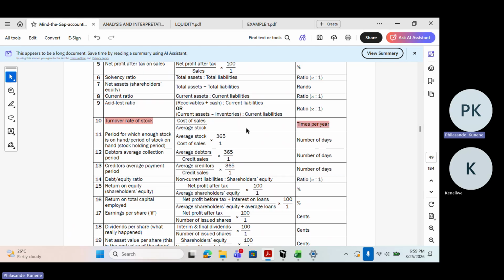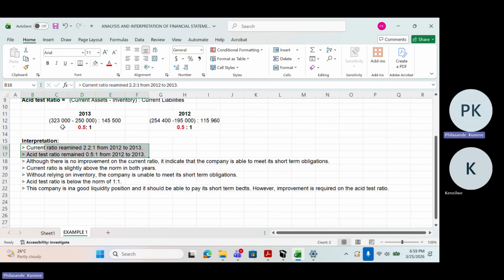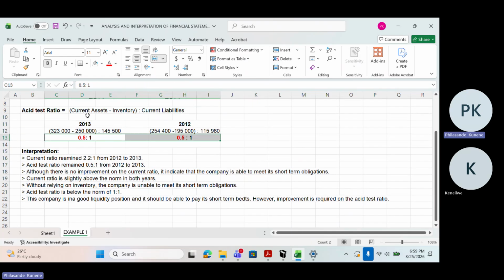It checks how fast the stock is moving on our shelves. The aim of the business is always to have stock move fast, because it means we're selling more. To improve on the asset test ratio, we need a high stock turnover rate, which indicates fast moving stock.